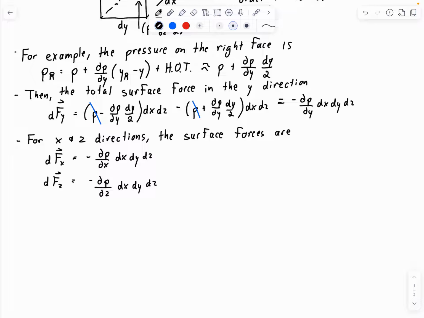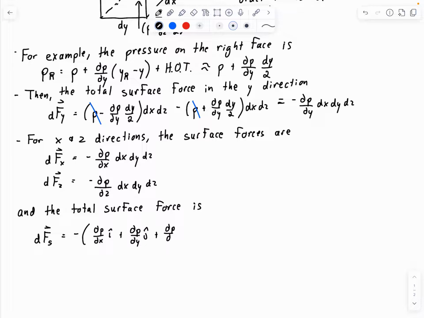and so we can combine those into one single expression. So we can say that the total surface force is dFs equal to, and here we're just adding together our three terms, minus del p by del x in the i direction plus del p by del y in the j direction plus del p by del z in the k direction.